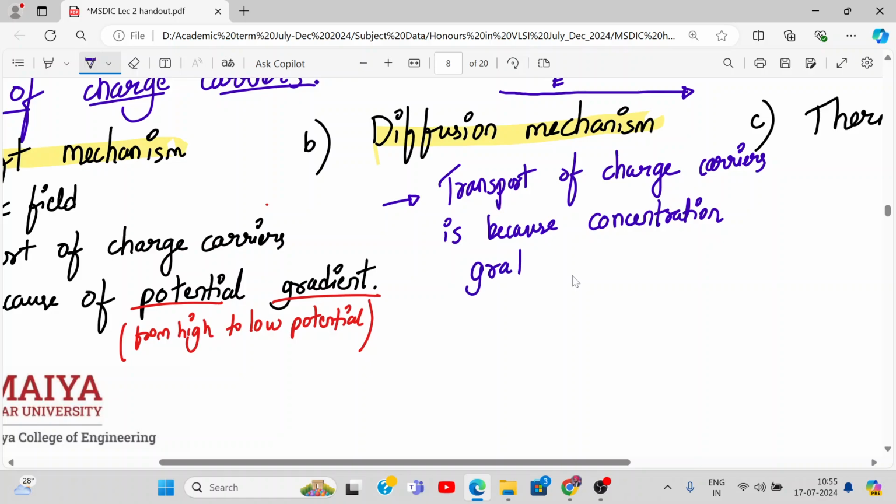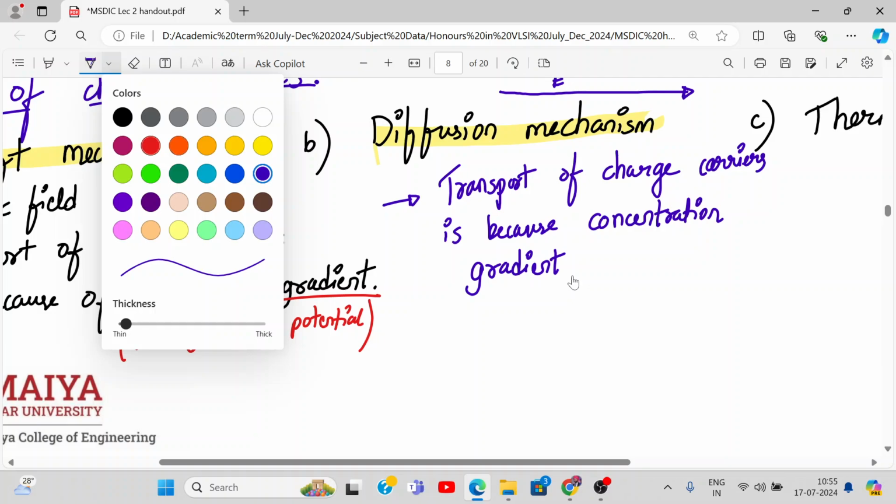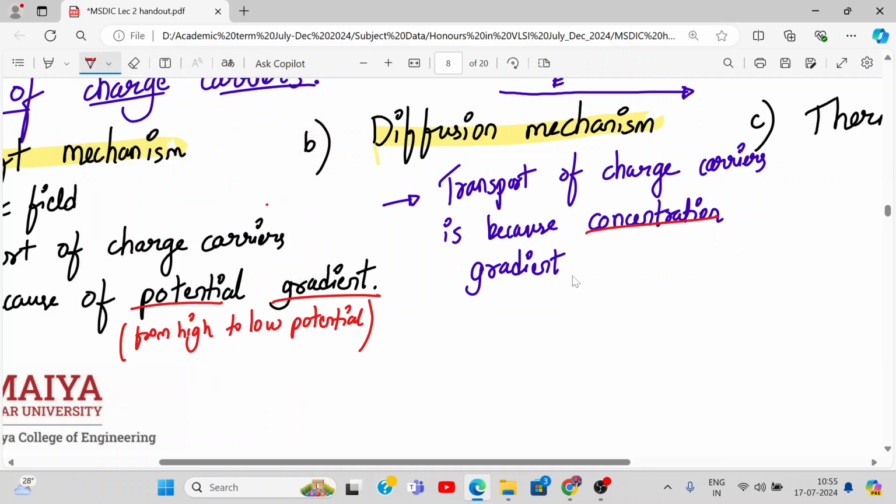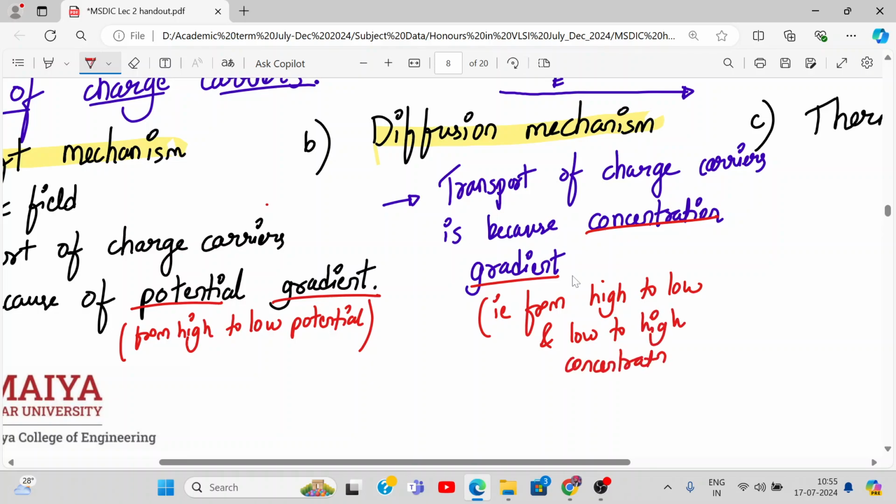What do you mean by gradient? Change in concentration, right? Or concentration variation, from high to low or low to high concentration.